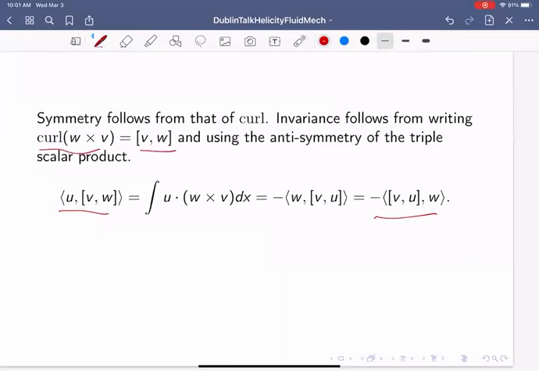For divergence-free vector fields, the commutator is the curl of the cross product. So when you take the curl inverse of the commutator, that is just the ordinary cross product. And obviously, the ordinary cross product is antisymmetric. And using that antisymmetry, we can verify that this is indeed an invariant inner product.